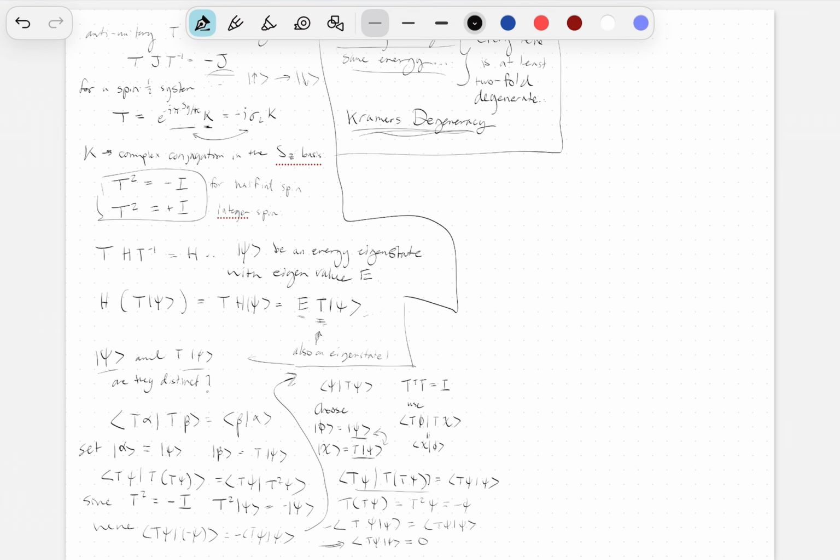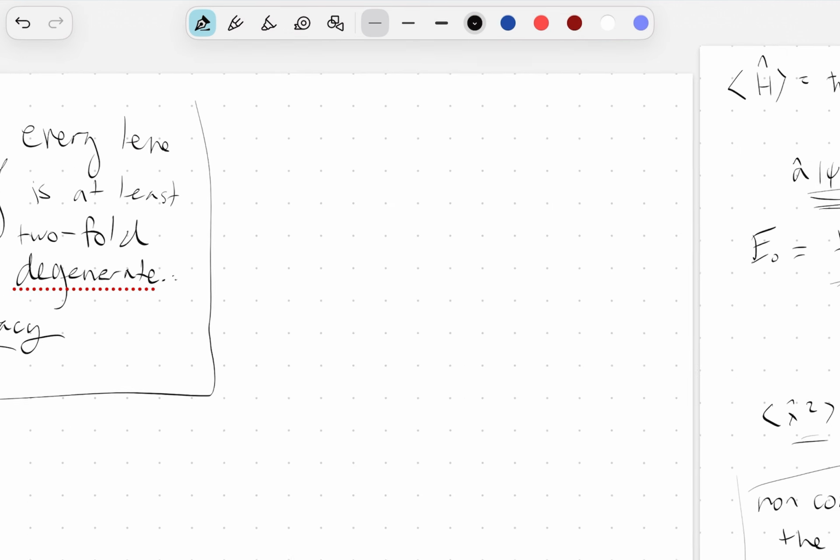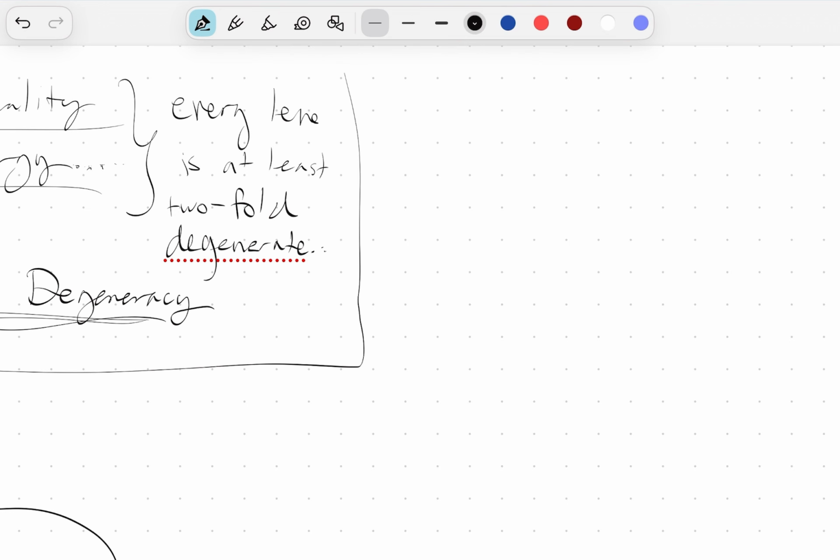Now, this leads us to the idea of symmetry breaking. So what we can do first is construct something called the Zeeman Hamiltonian.